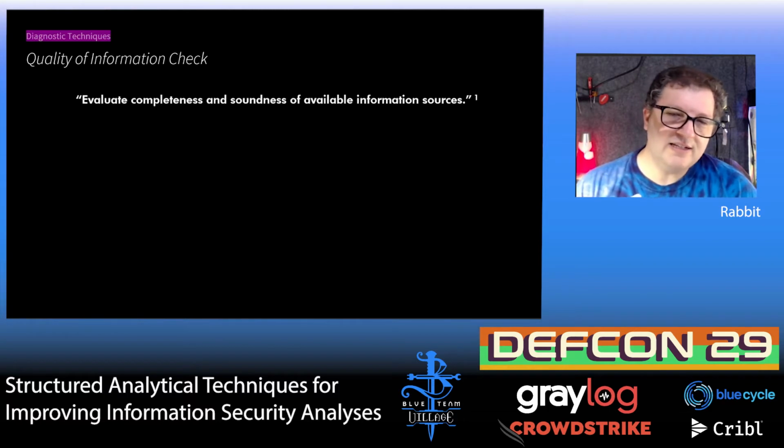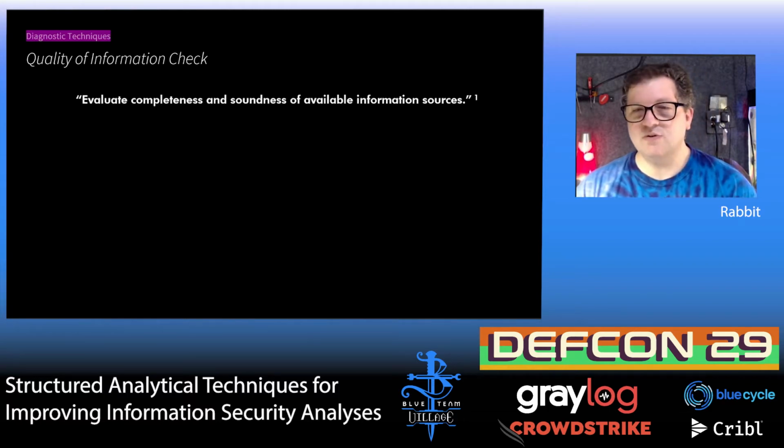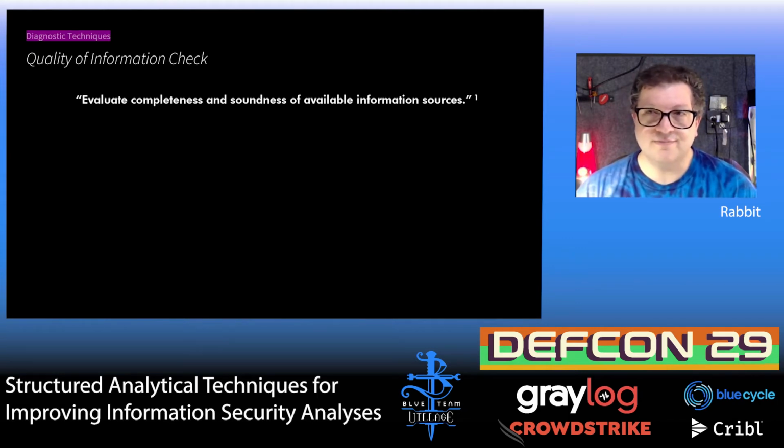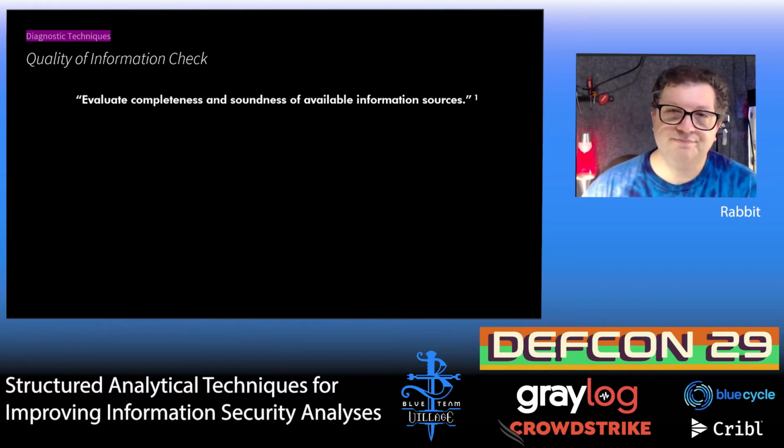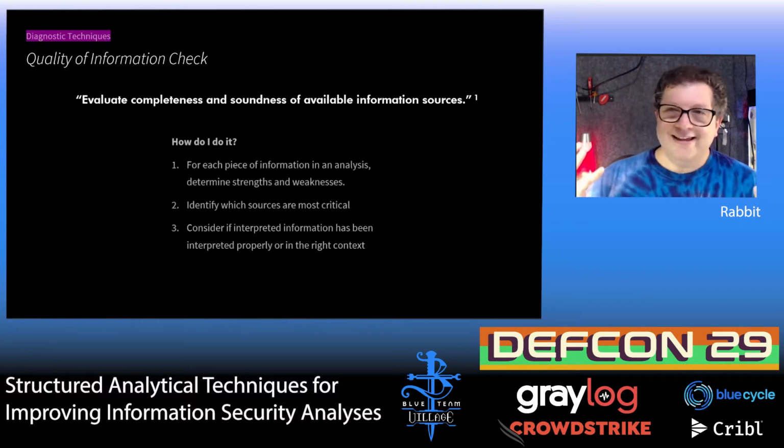It helps you detect errors in processing or collection of information, errors in translation, or errors in interpretation. It can identify attempts at deception or denial strategies if you happen to discover that maybe there's some specific problem with your data. And it can assist in communicating the amount of confidence that you have in your assumptions and key information.